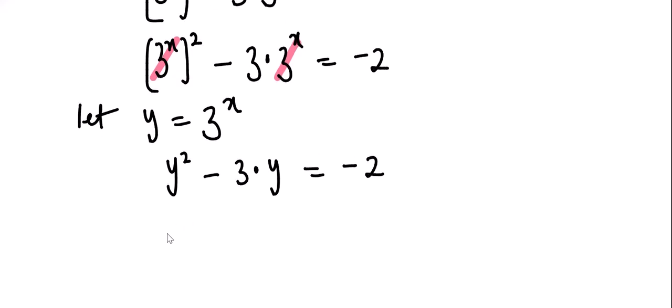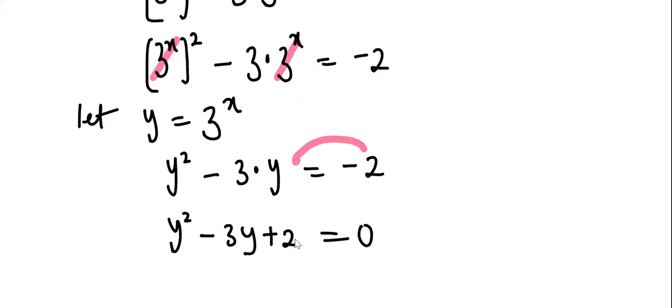Rewriting this given equation, we're going to have y squared minus 3y, moving this negative 2 to the side, plus 2 equals 0. Solving quadratically, we can use the factorization approach.